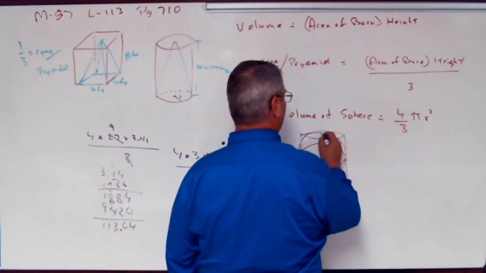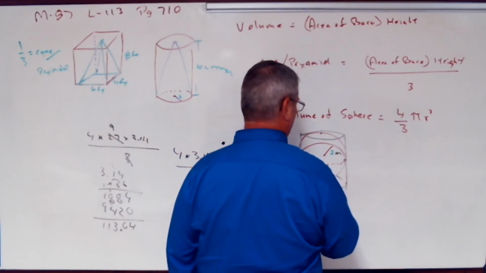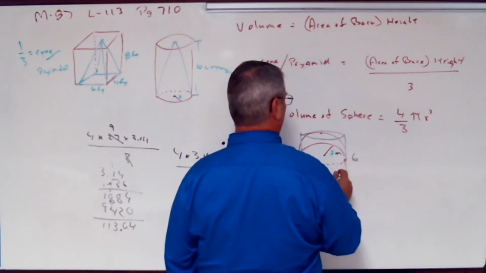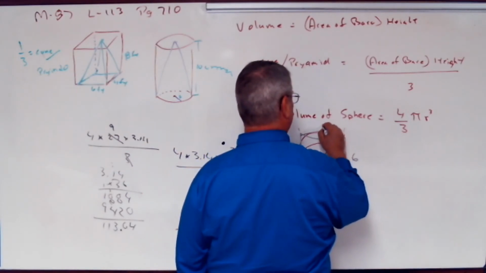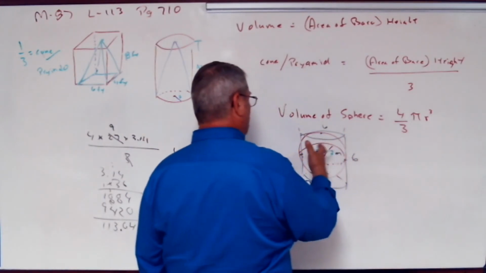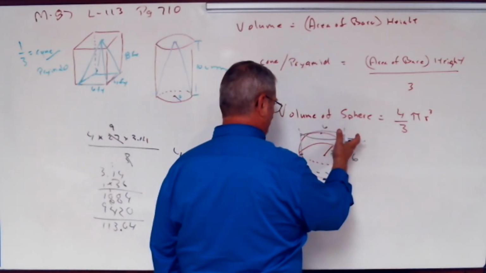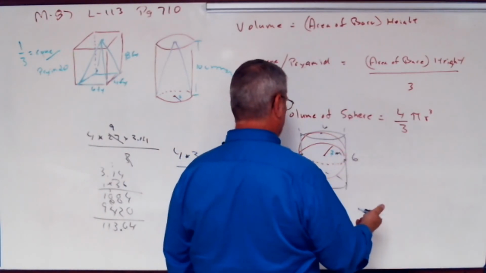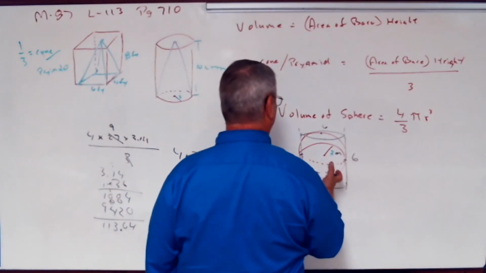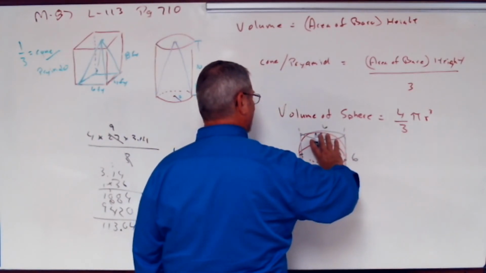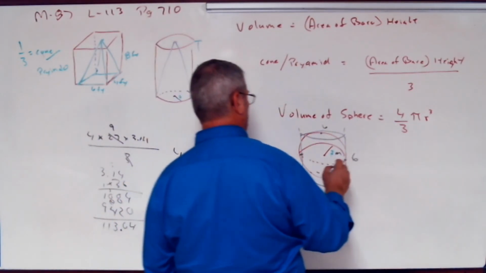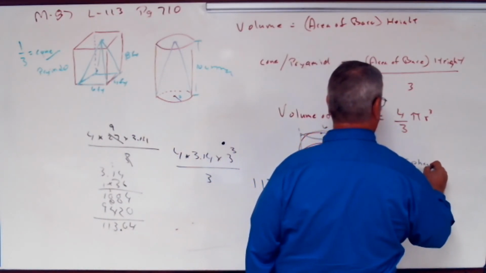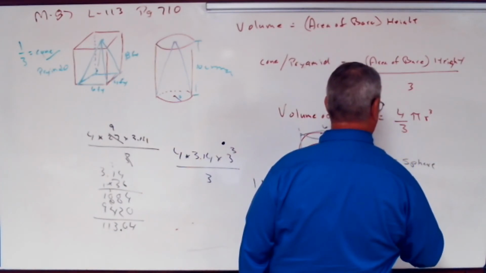The height is the diameter. If the radius is 3, the diameter is 6. And this distance here is 6, all the way through. What I'm trying to get you to see is that in this packaging, if I was going to ship this ball inside of this cylinder, 2/3 is the sphere and 1/3 is the packing.